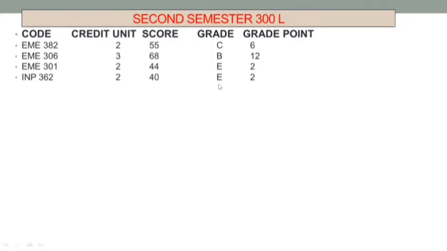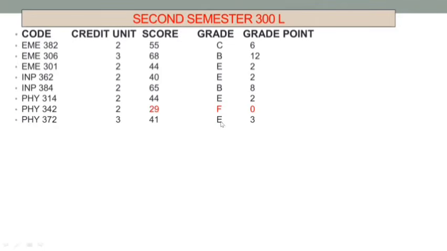Another one, score E, 2 points. Another course, score B, 8 points. E, 2 points. Oh, F, he failed this one. Say 2 unit, 29. Remember our pass mark is 0 to 29 is F. So this 29 score F, no point earned. So this is a carryover for the candidate.